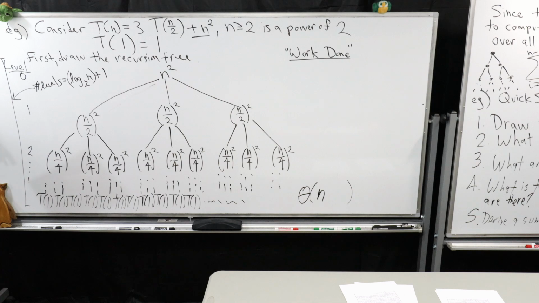But here's the thing. I want you to imagine I were to put in, say, n is equal to 8. If I started off at 8, then I half 8, I should end up with 4. And then if I half 4, I get 2.